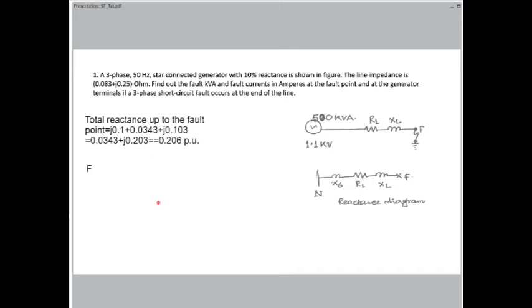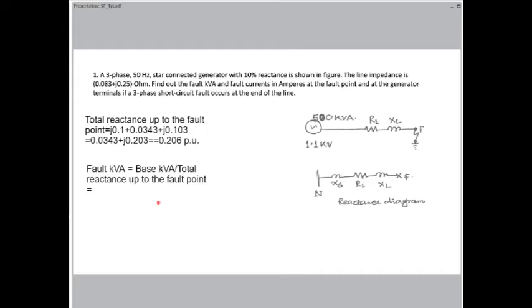So we find out the fault kVA. That's the first answer. Fault kVA is equal to, the formula is, base kVA over total reactance up to the fault point.